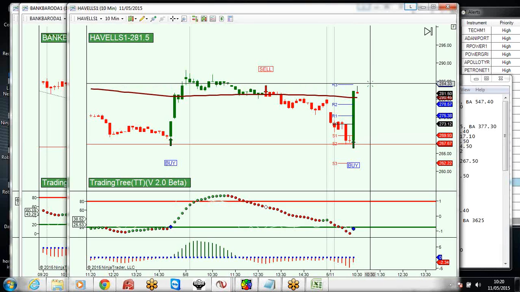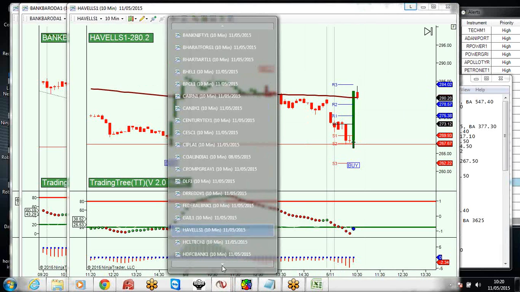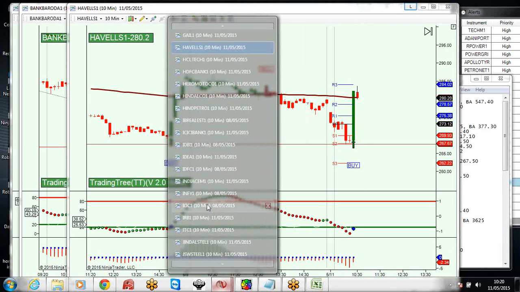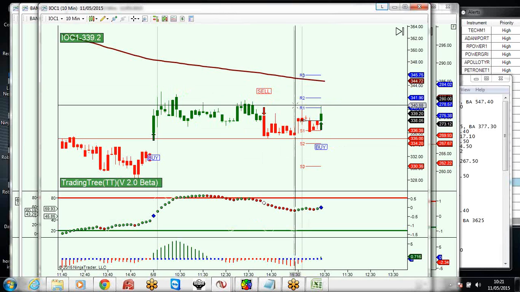284.50 or 284.60. Obviously, you can buy above 340, 80.